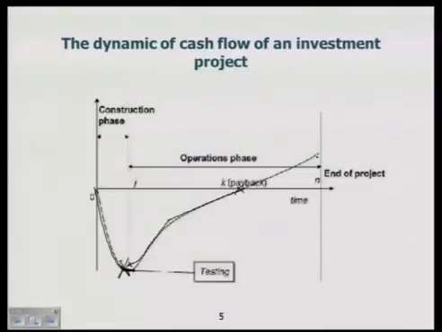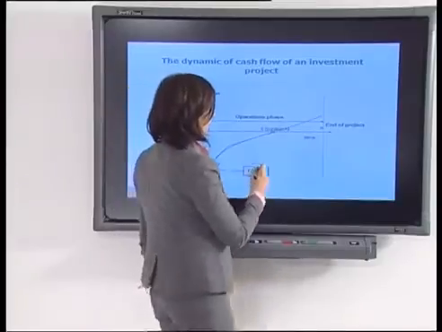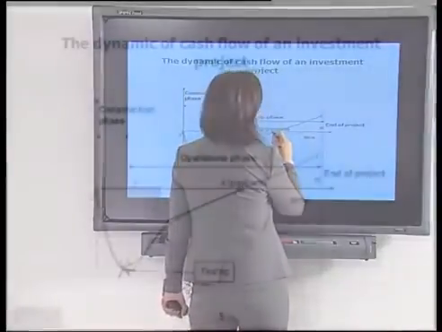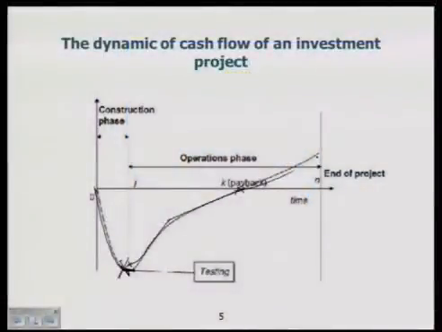So we have repaid the bank's loan or other investors for the money they invested in the project. And then usually the project will continue for a certain period until the end of the contract, the end of the concession contract.